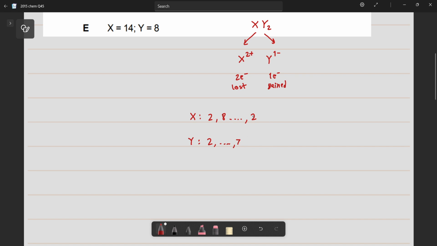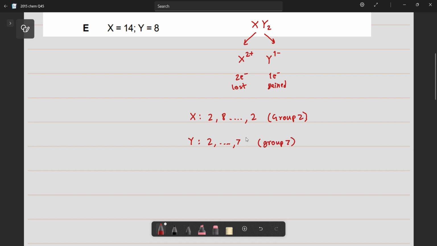So what we also know is that since X loses 2 electrons, it forms an oxidation state of 2 plus. So this must be a group 2 metal, which is an alkaline earth metal, and this Y must be group 7, which is the halogens.